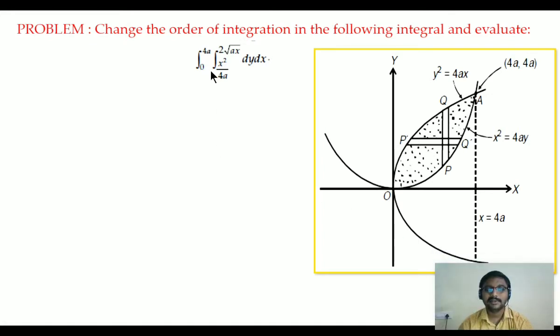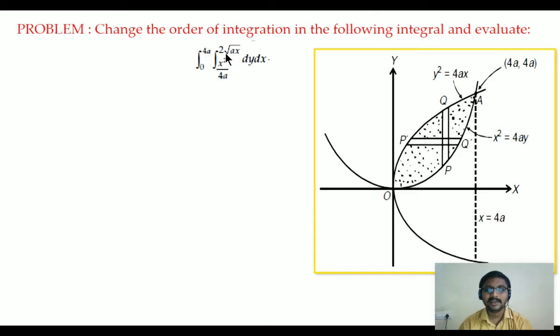So clearly we will see here y equal to x square by 4a is the lower limit. Y equal to x square by 4a means x square is 4ay, which is the parabola passing through origin and symmetrical about y axis. So x square equal to 4ay we have drawn by using the lower limit.